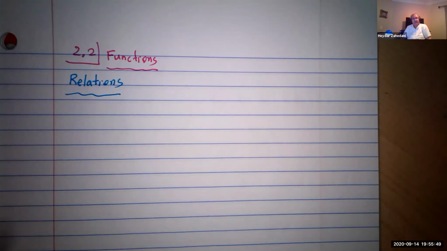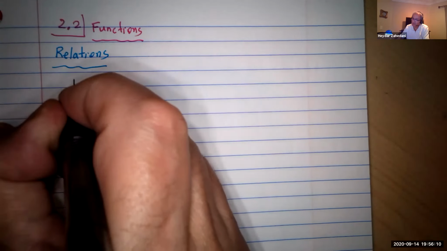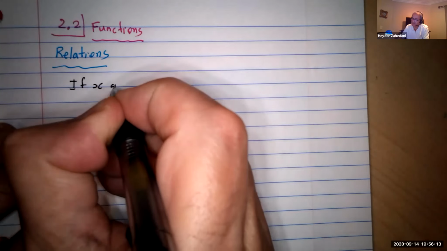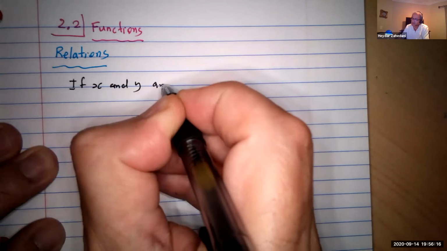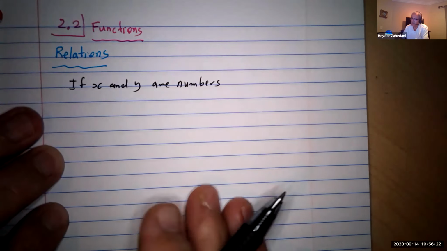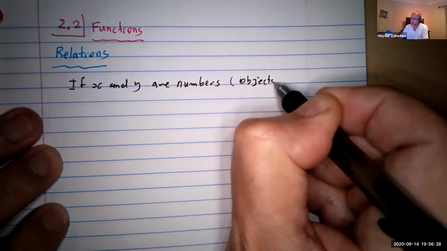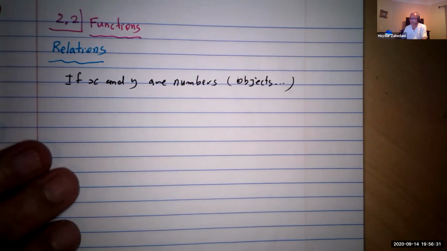You know that in everyday life, in order to have a relation, you need a pair. You are going to relate one person to another person. So we are going to define a pair first. Okay, so if 2 numbers are given to you, so if x and y are numbers, it can be things, objects or numbers, etc. But we work with numbers.